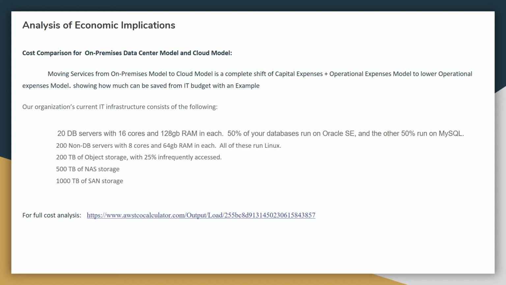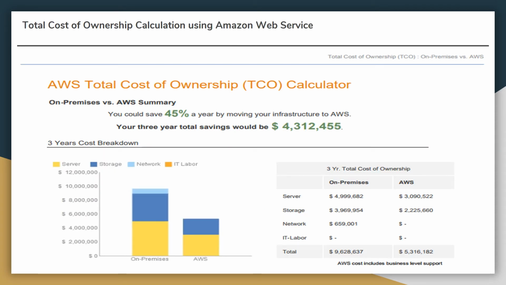The breakdown using Amazon Web Services can be found on the link provided. This is the breakdown by the Amazon Web Calculator. We have saved up to 4,312,452 dollars by moving to cloud computing.